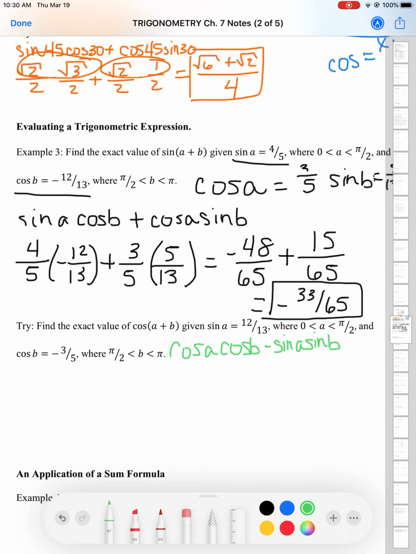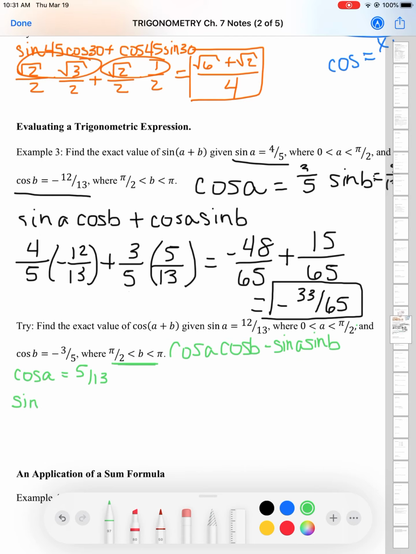So, sine A is 12/13. We're in quadrant 1. So that means cosine A has to be positive. So that means cosine A, with 5, 12, 13, has to be 5/13. Cosine B, this means it's in quadrant 2. Cosine B is negative 3/5.